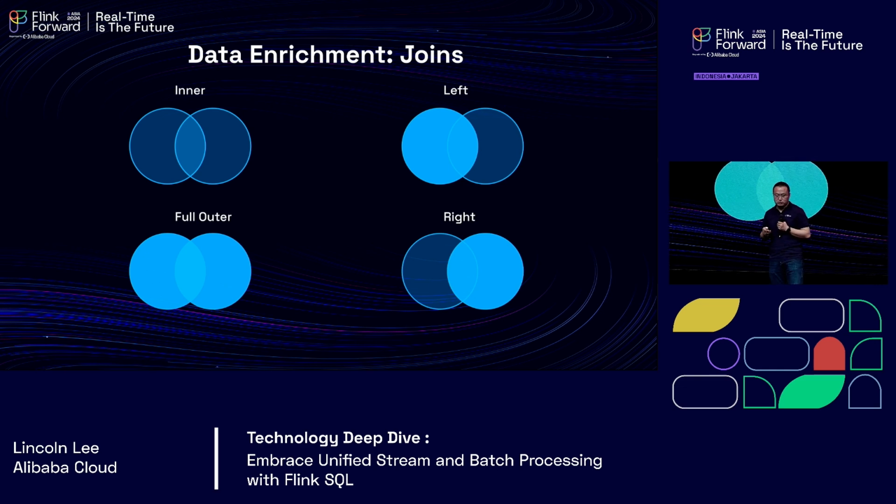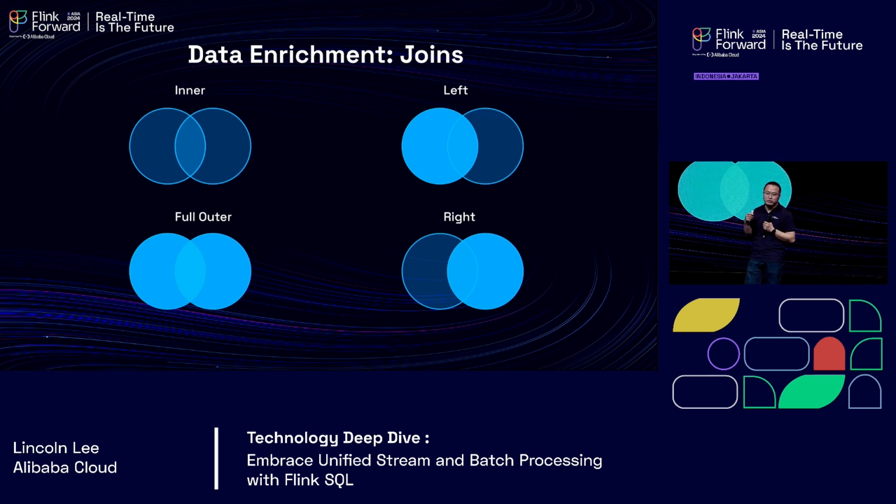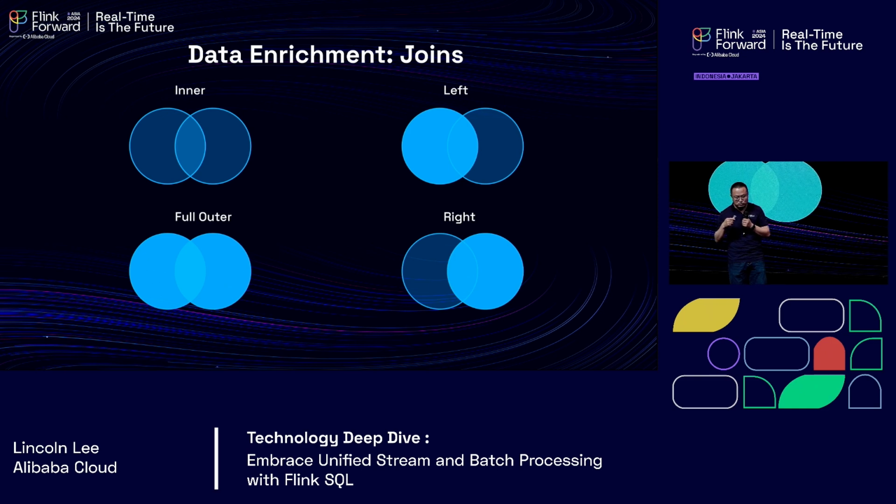So this picture shows the four commonly used types of joins. They are supported by Flink SQL. Yeah, I will give you a simple introduction. For the inner join, it represents the intersection of the data sets.